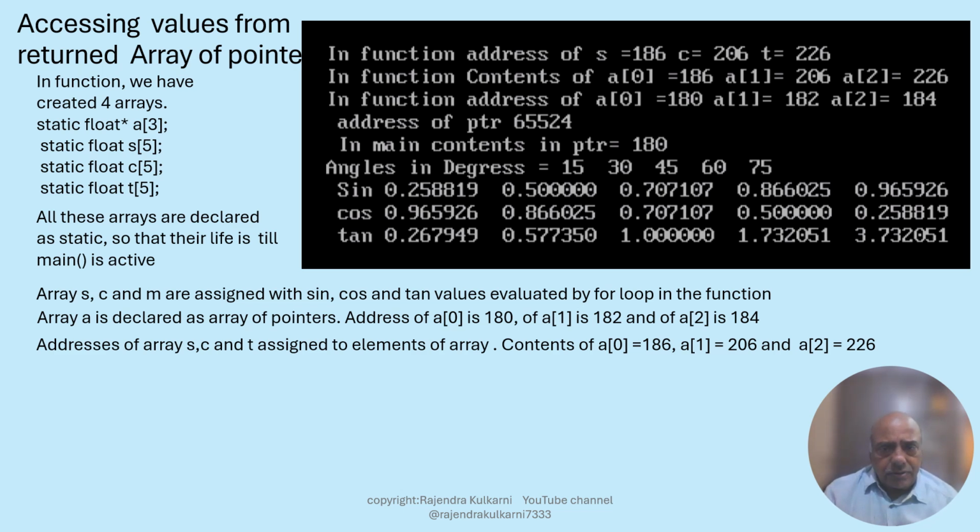A0 contains 186, which is the address of array S. A1 contains 206, which is the address of array C, and A2 contains the value 226, which is the address of array T. Return the address of array A, which is 180.